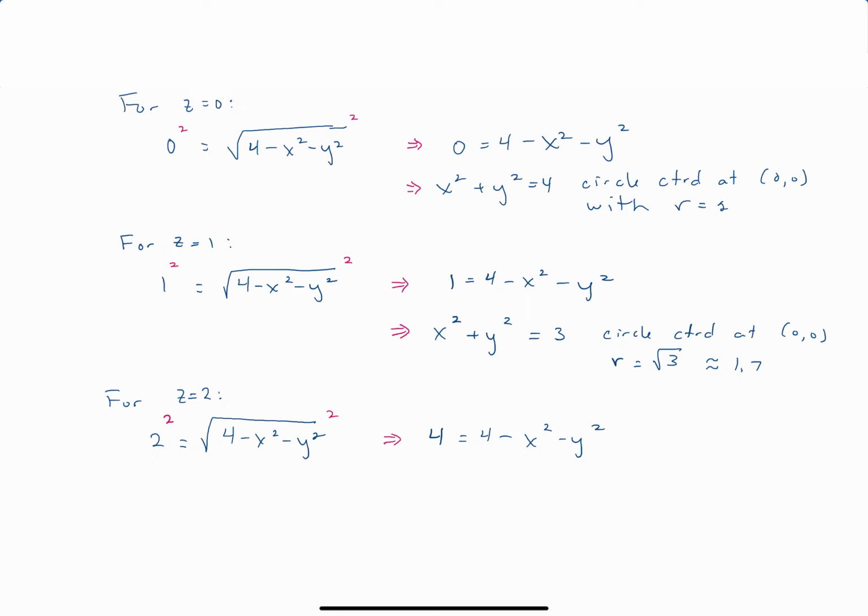And again, I will add x squared plus y squared to both sides, and this time I will be subtracting 4 from both sides, which will give me x squared plus y squared equals 0. Now, the only way for x squared plus y squared to give me a 0 is for them both to be 0, right? Because x squared and y squared are both non-negative numbers, and the only way for two non-negative numbers to add up to 0 is for them both to be 0. So in other words, we don't have a circle this time, we have a single point, the point at 0, 0.